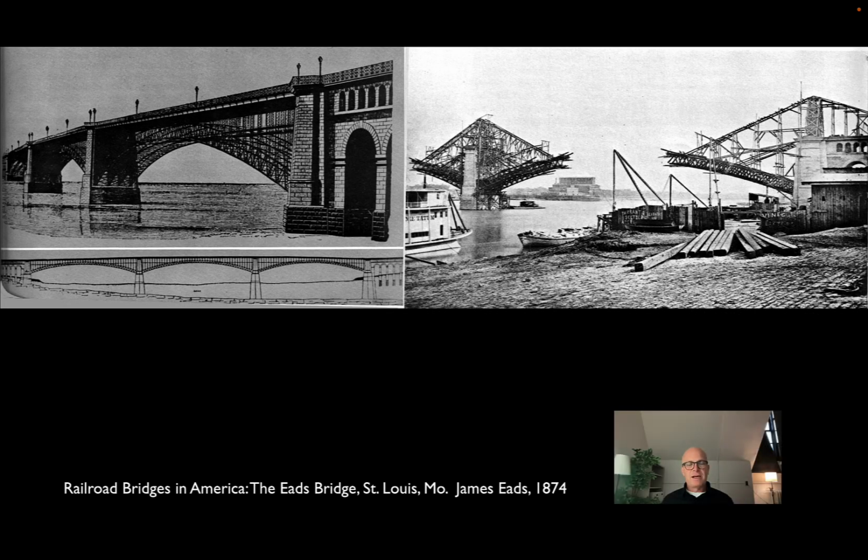And one of the great kind of hybrid projects is the Eads Bridge, which is named for its designer, James Eads, built in 1874, the first bridge to cross the Mississippi at St. Louis, and a really, really key piece in connecting the eastern United States with the West by rail. And you can see what Eads has done here.